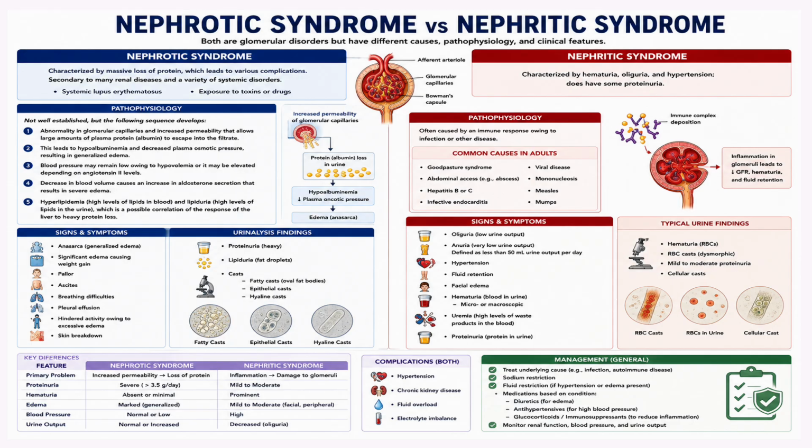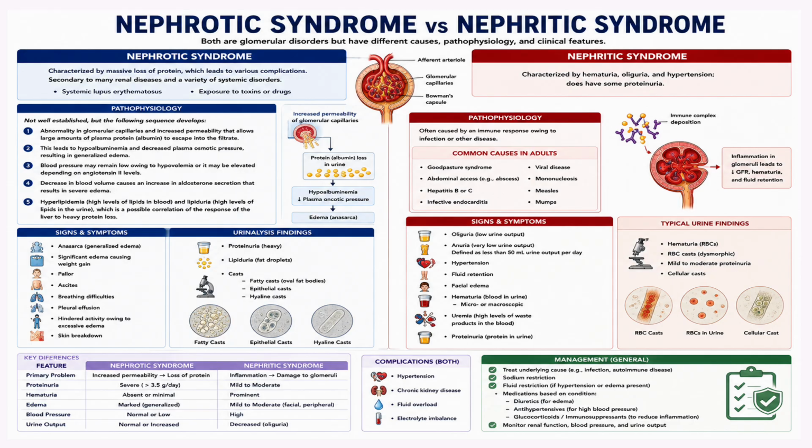So now if you have low protein, there's going to be low oncotic pressure, because remember we talked about this in our fluid and electrolyte lecture, that proteins tend to cause oncotic pressure, where basically it pulls fluid towards it, right? So now when you don't have enough protein, it decreases the plasma oncotic pressure.